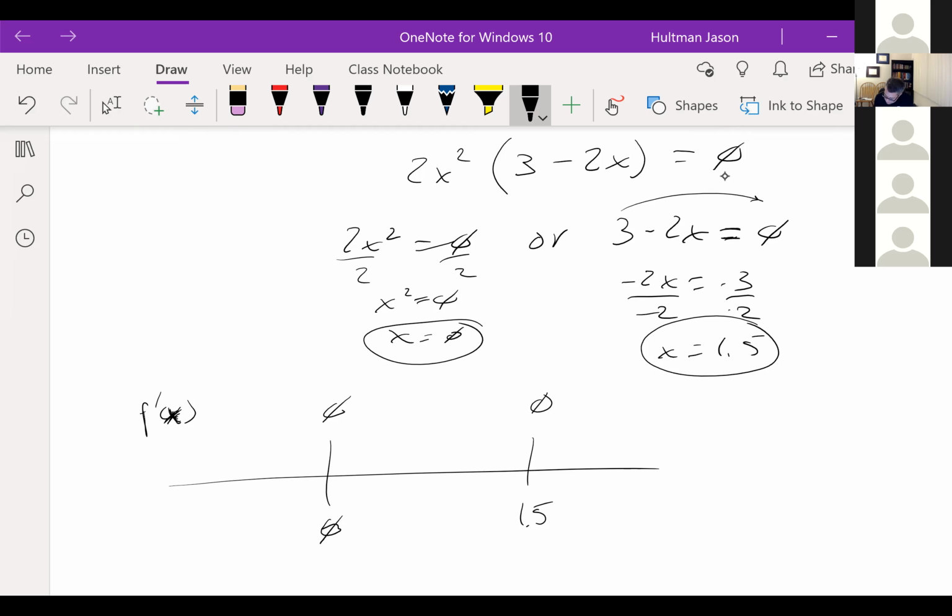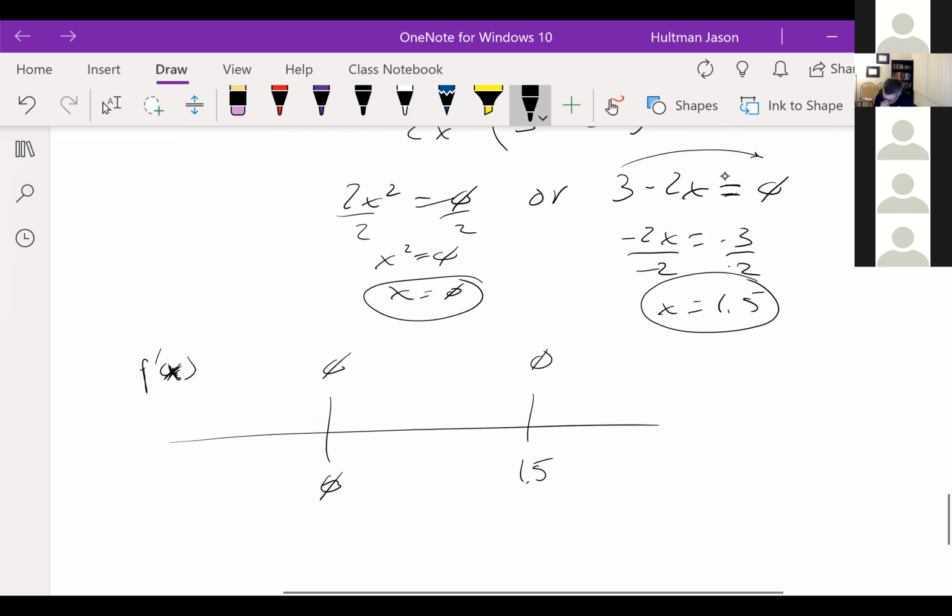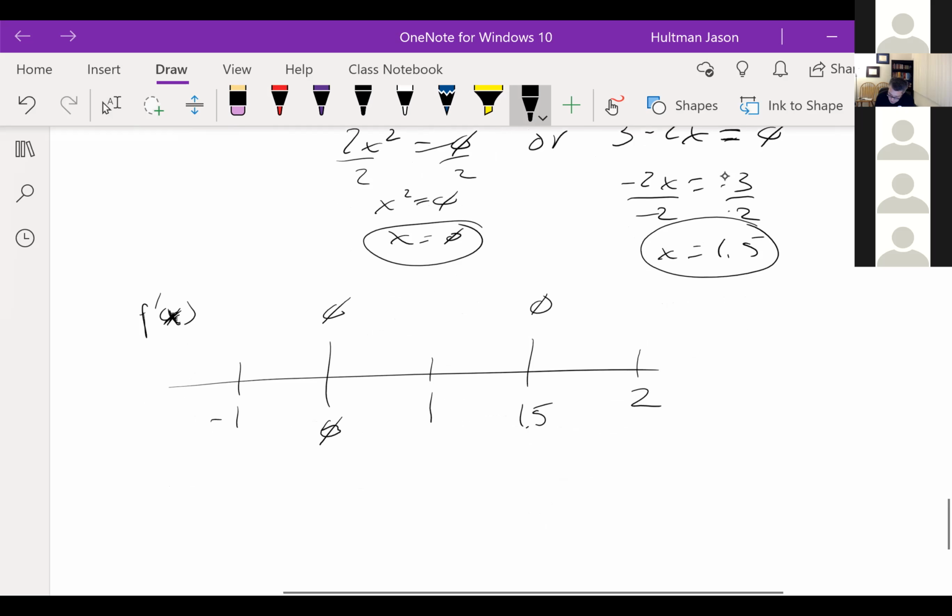So now we're going to go on either side of these, and we're going to test the points on either side. A good point to test here would be negative 1, 1, and 2. So I want to know what's f prime of negative 1.